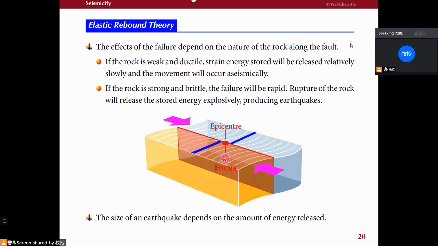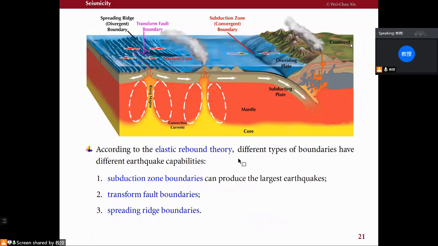The size of an earthquake depends on the amount of energy released. So it depends on how strong the rock is along the boundary. According to the elastic rebound theory, different types of boundaries have different earthquake capacities.